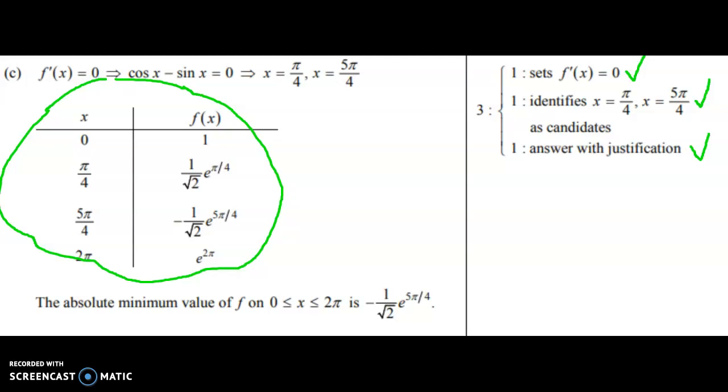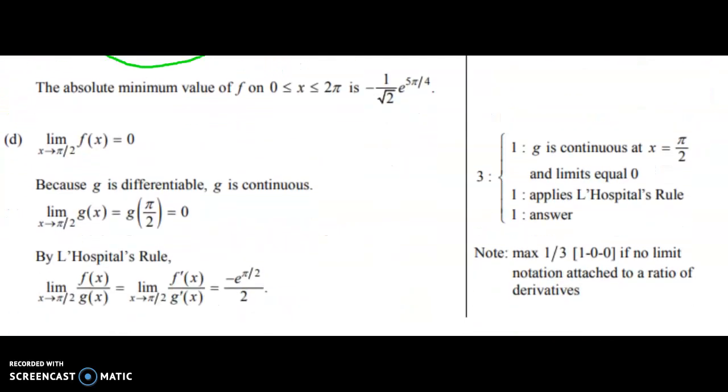And then in part D, it was important to declare that G is continuous at x equal to pi over 2. That was really important. And then you had to show that each of your independent limits equals 0.